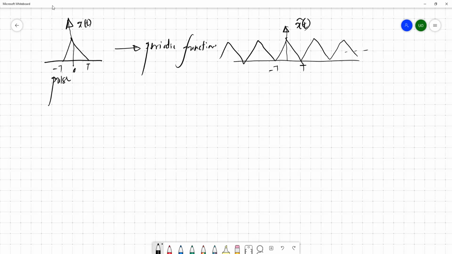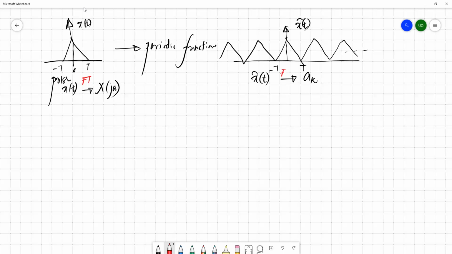We can obtain the Fourier series coefficients for this, and we can obtain the Fourier transform for this. If you are given this, you can just apply Fourier transform and obtain this.